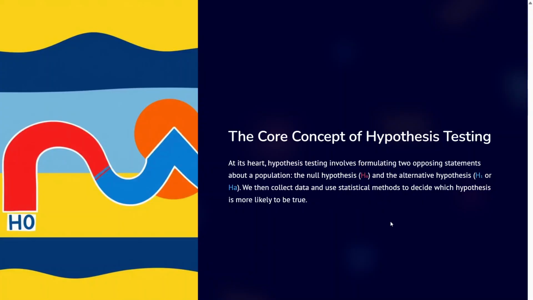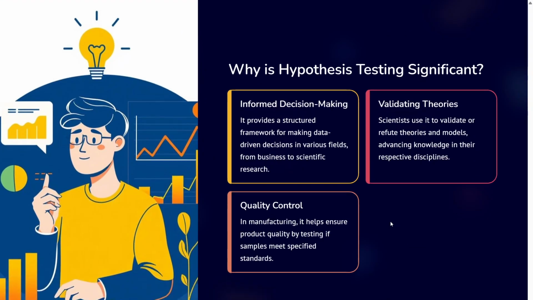Likewise, the second is the alternative hypothesis, written as H1 or HA, which says there is an effect or difference. So we can again relate it with the previous example: the newer batteries are really better than the old ones.